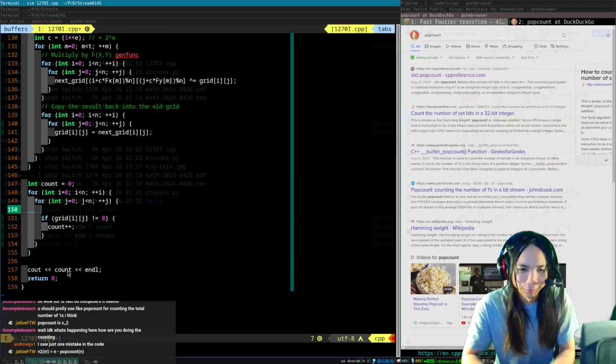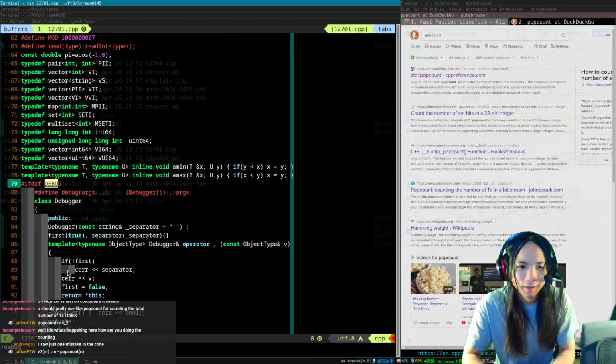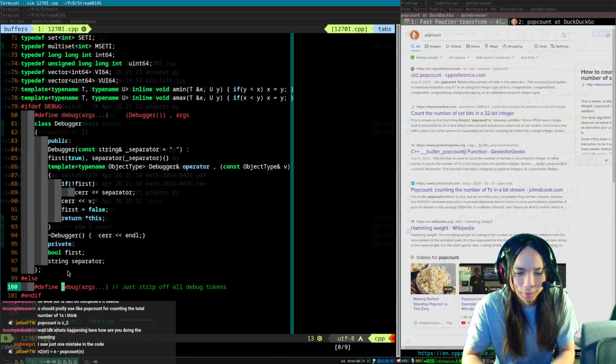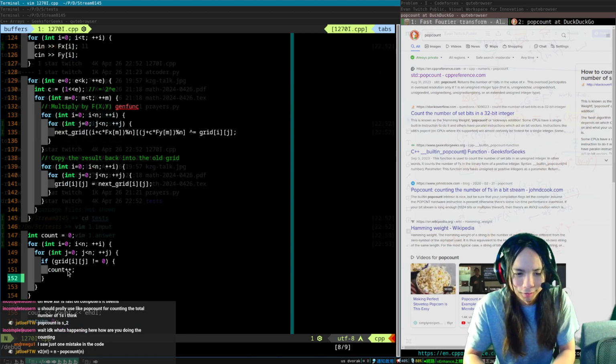Okay, well, let me first see what the heck is going on. So I have this debug function. I'm trying to remember how it works.